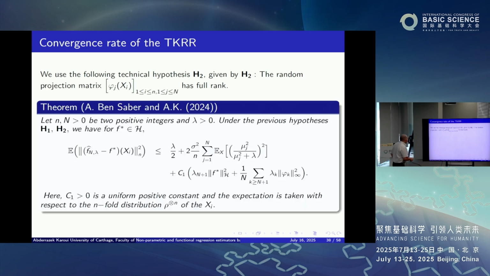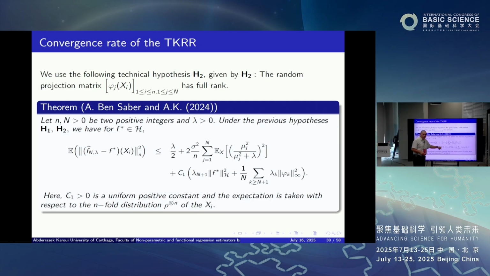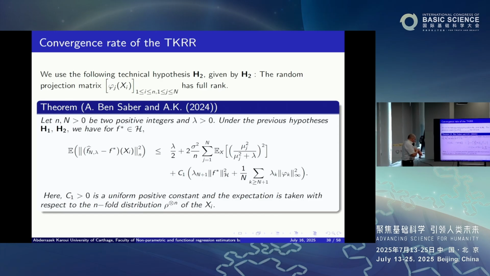And in this case, this is the risk error of our truncated kernel estimator. And if you look at this bound, it's exactly the same order of convergence as the kernel ridge regression estimator.